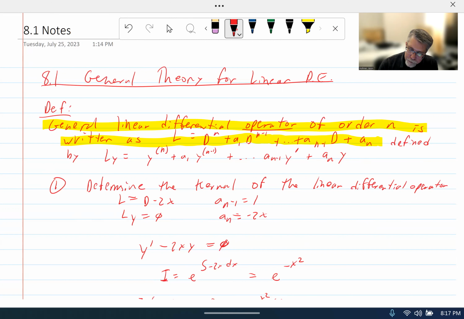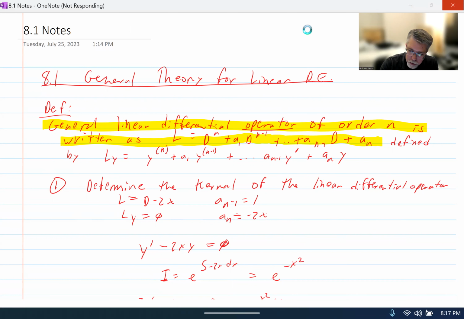What we're doing is taking the derivative, say y to the n, the third derivative, and replacing it with this variable D to the third power. So we're taking a derivative and changing it into a power. These two correspond to each other.